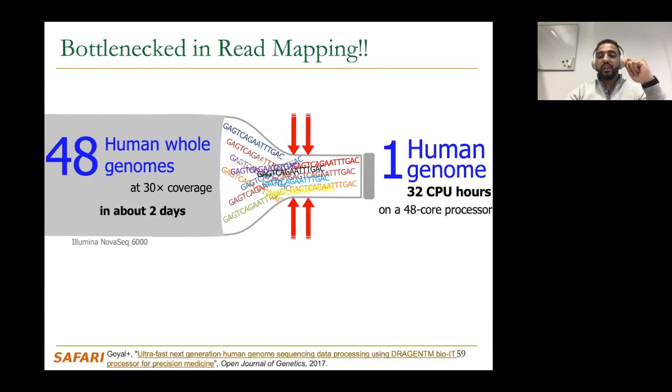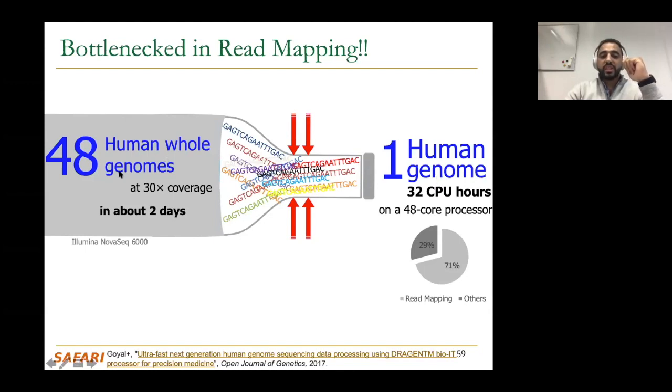You don't want to wait 32 CPU hours using 48 cores, which is not something you can have in every clinic or genomic center. Imagine in Africa, where in some places you don't have access to a cluster or cloud computing. That shows the need to accelerate genome analysis at the algorithmic or computer side.